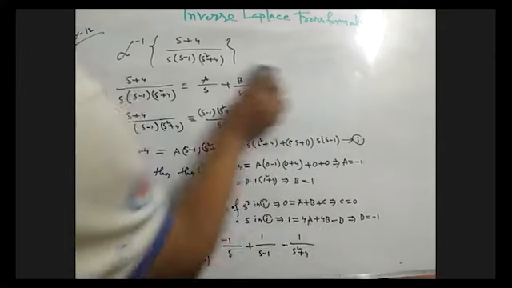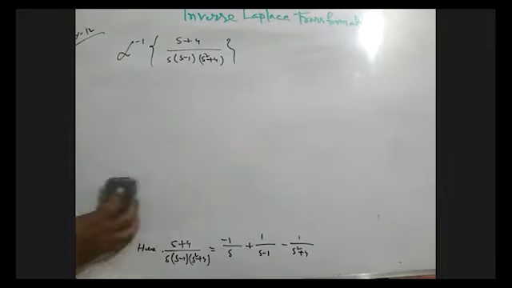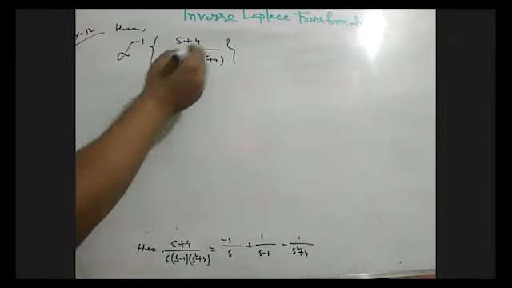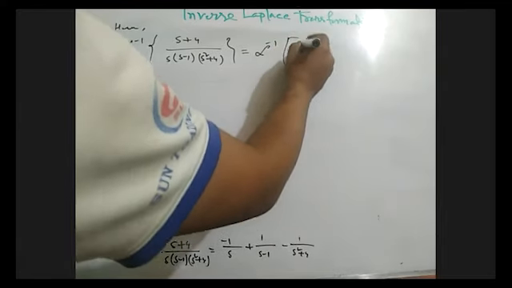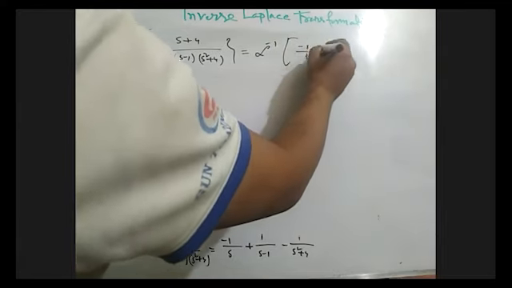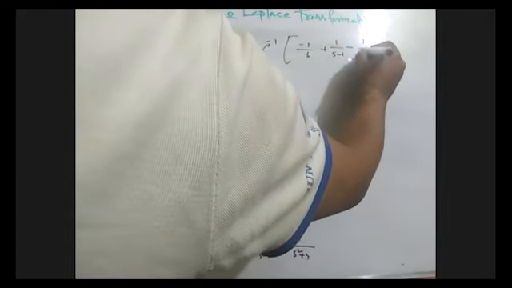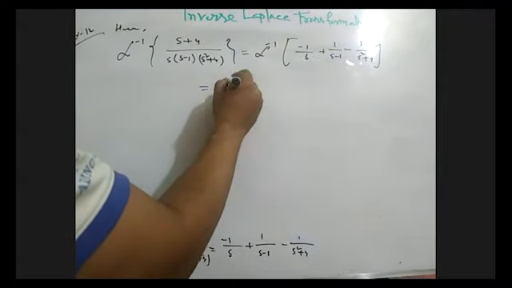So the inverse Laplace transformation of this can be written as the inverse Laplace transformation of minus 1 by s plus 1 by s minus 1 minus 1 by s square plus 4, because this fraction, by using the partial fraction method, we can write this.